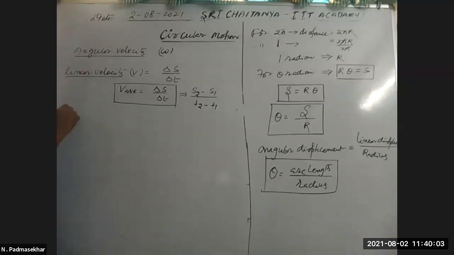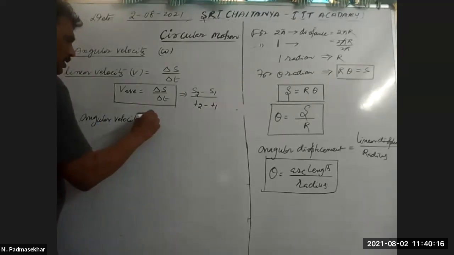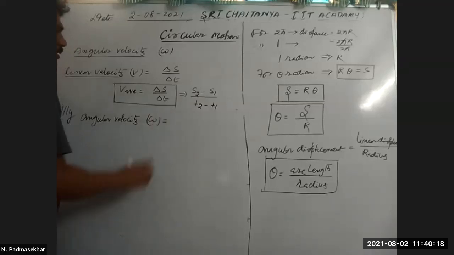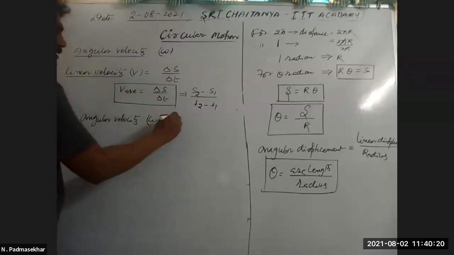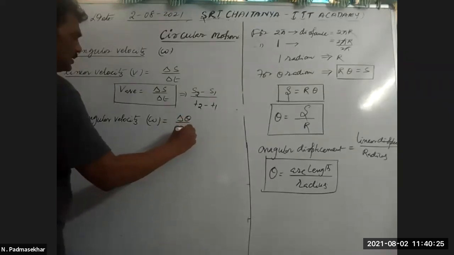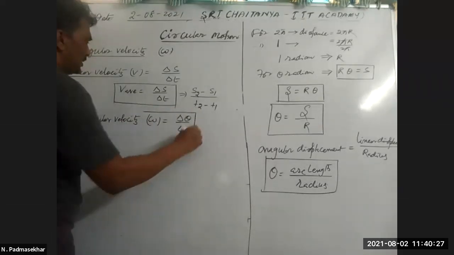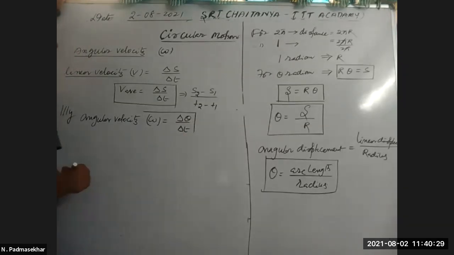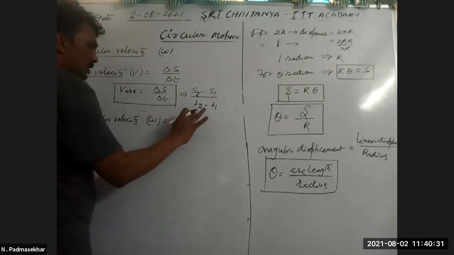Similarly, angular velocity is omega. That was linear displacement by time; this is angular displacement by time. Change in angular displacement by time. So this is the angular velocity.